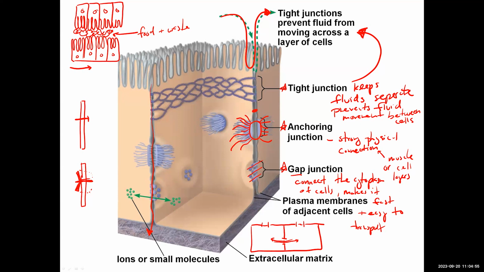Anchoring junctions are needed to create strong physical connections between cells, which allows them to apply pressure or survive being pulled without being pulled apart. And gap junctions connect the cytoplasm of cells, making it fast and easy to transport certain types of molecules, like ions, nutrients, or other small molecules.